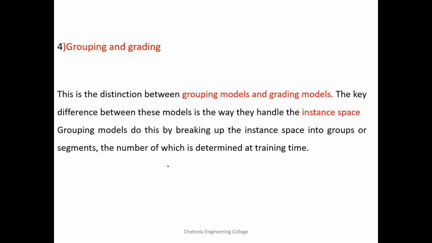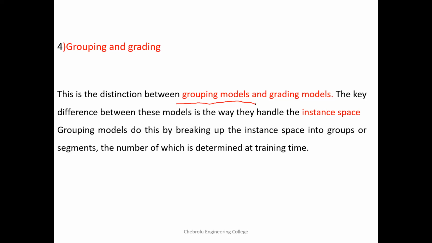The next one is grouping and grading. What do you mean by grouping models and grading models? By the name itself, grouping means homogeneous grouping: all alike instances are grouped into one.